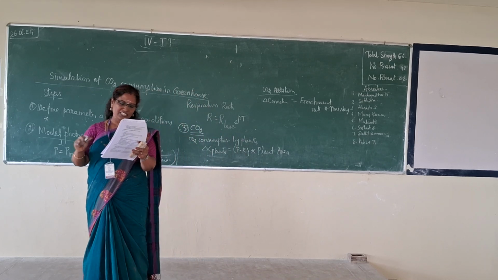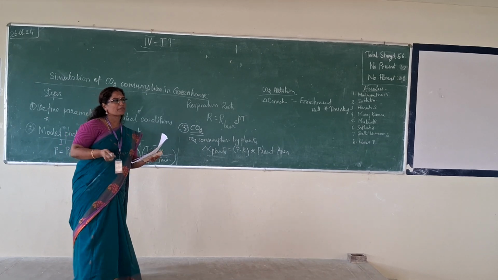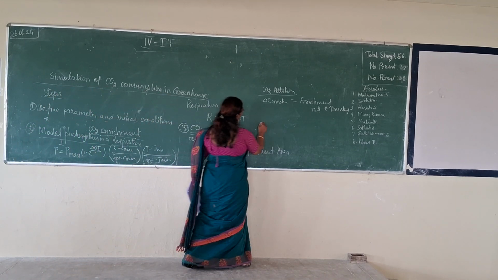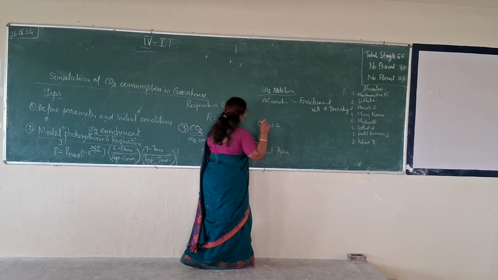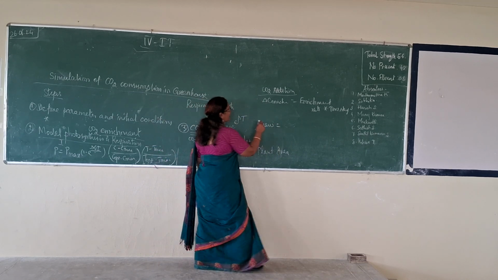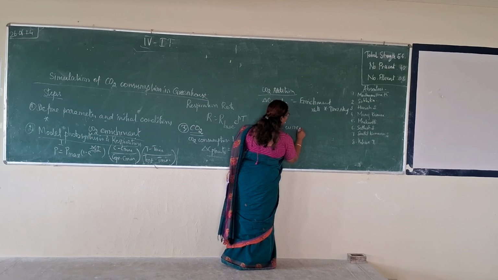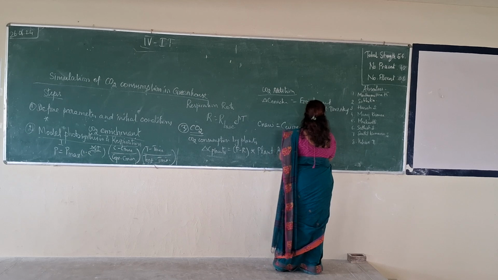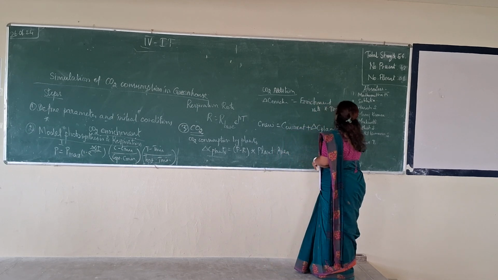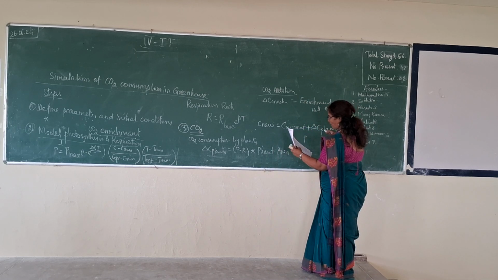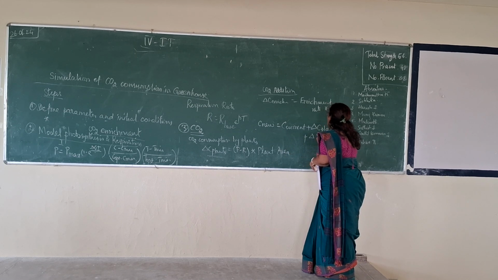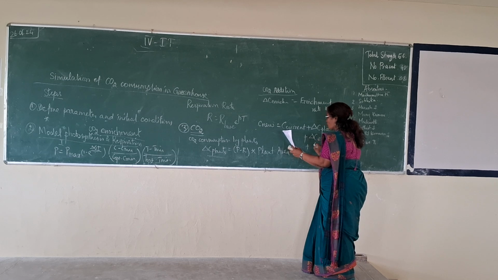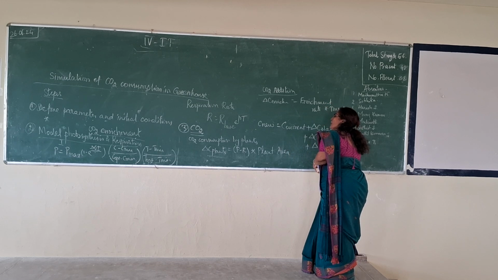Then update CO2 concentration. C new is equal to C current, that is the current CO2 level, plus the CO2 consumed by the plant, plus the enrichment rate, all together plus C exchange.